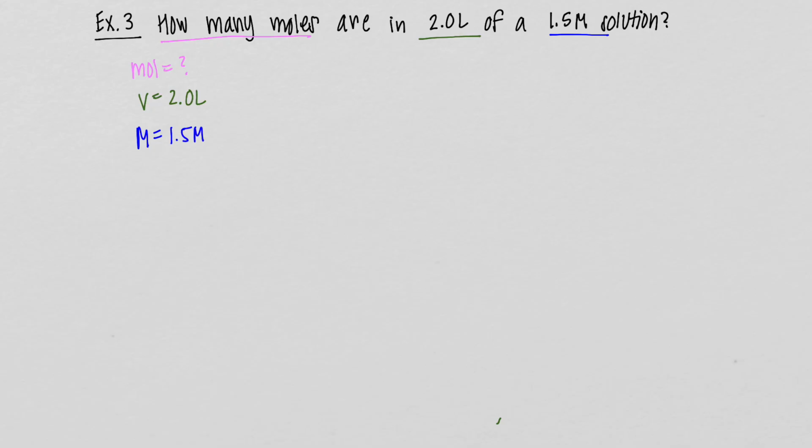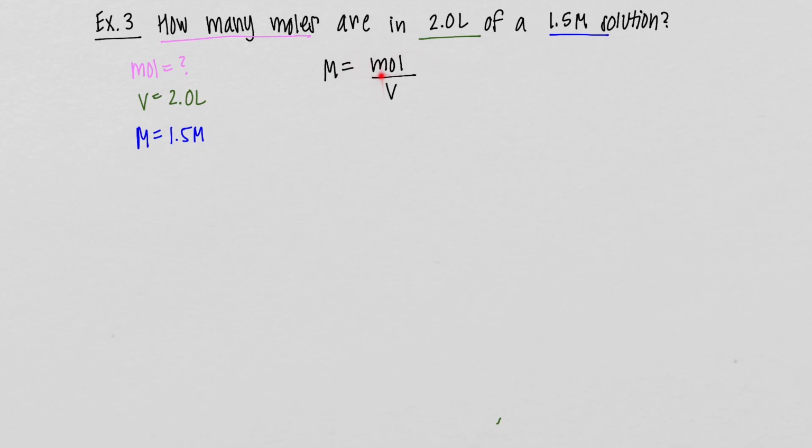Okay. We have the formula, right? M equals mole over volume, or liters, whatever you want to call it. Here we have to be careful, right? Because I'm going to do V for volume. We have to rearrange the formula so that we can find moles. So how are we going to rearrange this? Well, we need moles by itself, right?